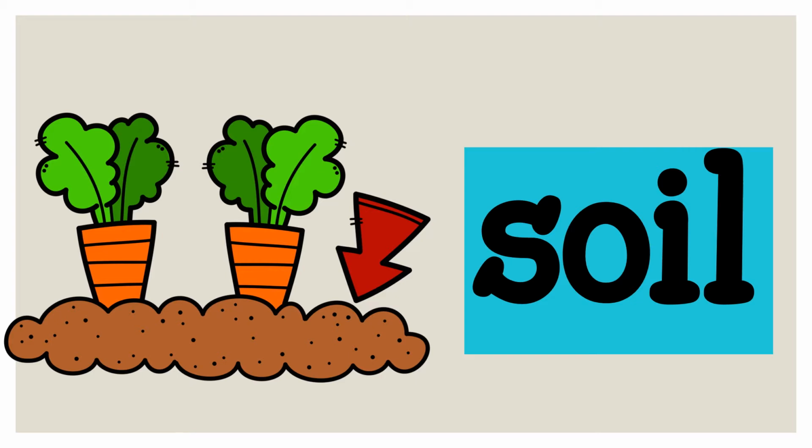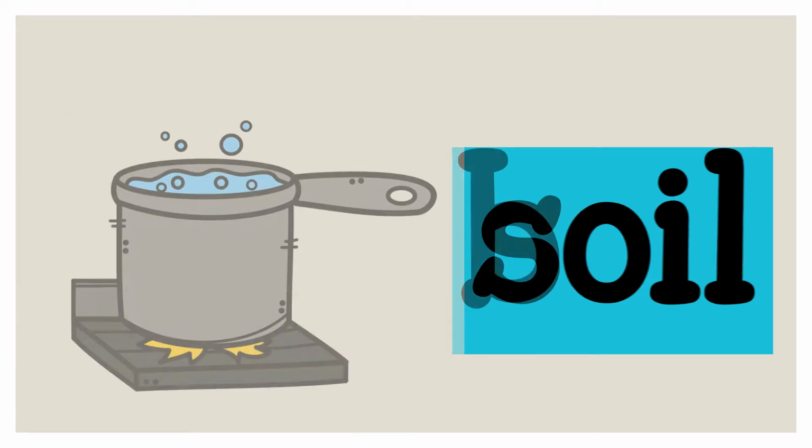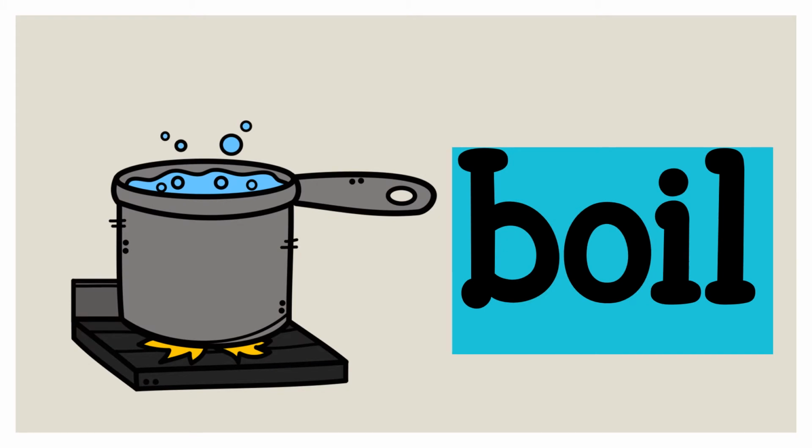Notice that the OI is in the middle of the word. We can also make another rhyming word by changing the beginning sound. We can change soil to boil. There's a pot of water. You can see the bubbles coming up. That is boiling. Notice that the OI in boil is in the middle of the word.